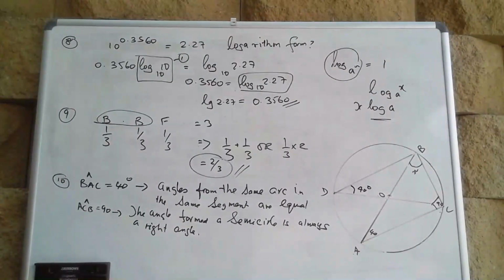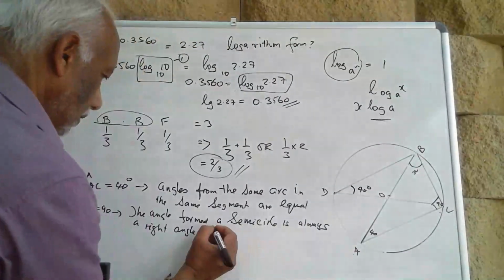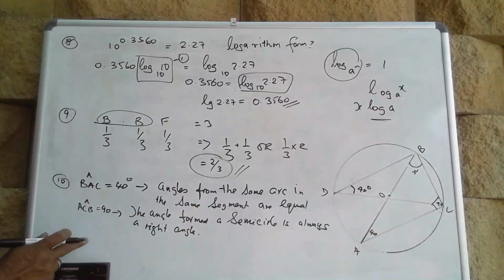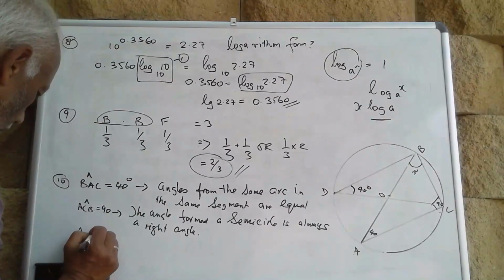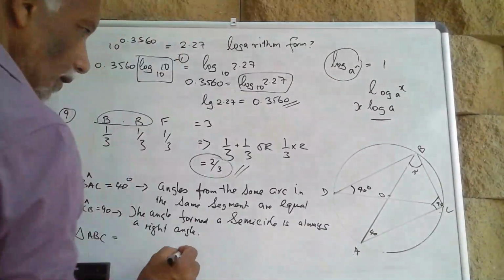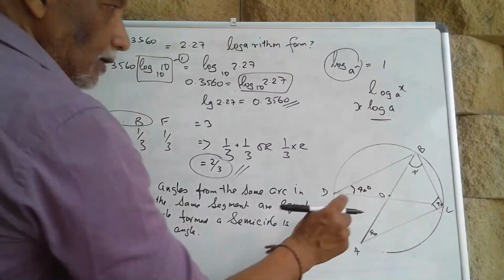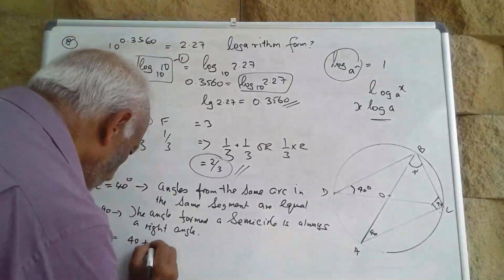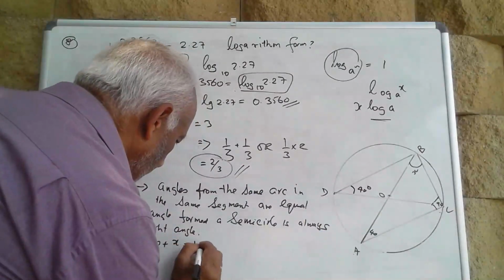Now consider triangle ABC. That is going to be 40 degrees, and that's going to be 90 degrees, plus X equal to 180 degrees.